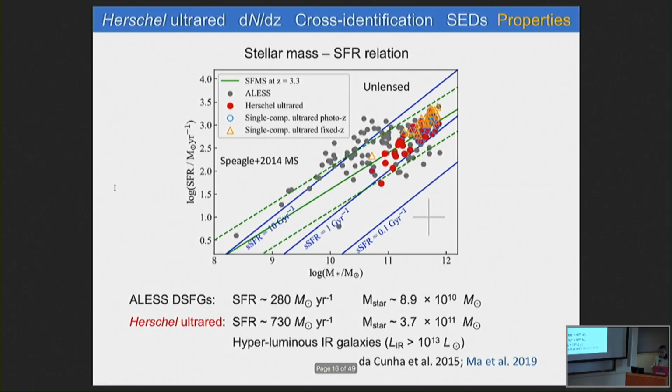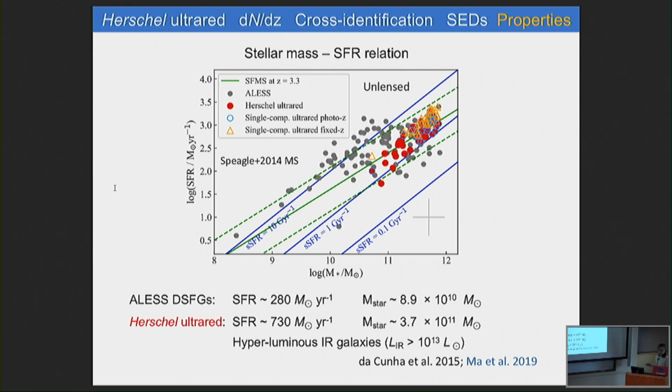And I focus my analysis on the unlensed sample because we can directly perform SED fitting to derive their physical properties. This is the stellar mass versus star formation rate relation for our ultra-red sample, and the gray points are the ALESS SMGs at a lower redshift.